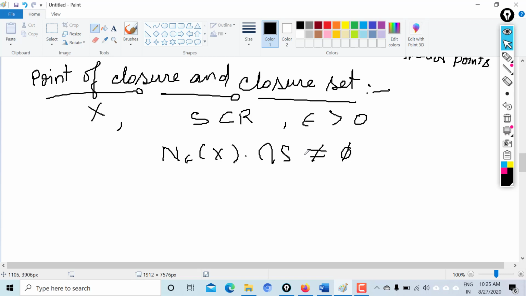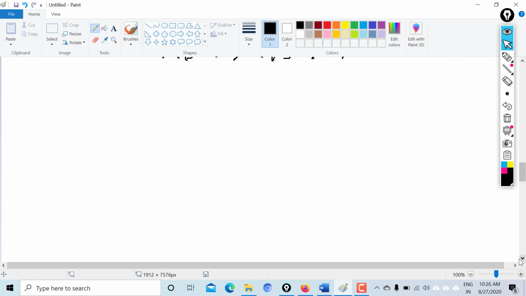In that case we can say that it is the closure of the vector set S. So these are the basic properties which I am discussing at this moment. The next topic is sequences and subsequences. What are sequences and subsequences?